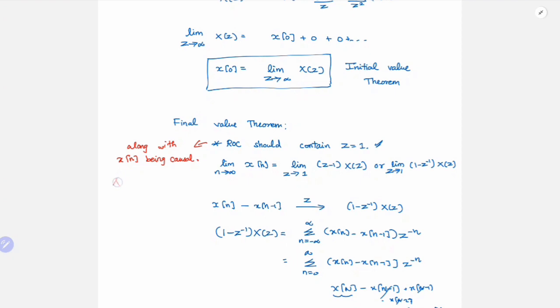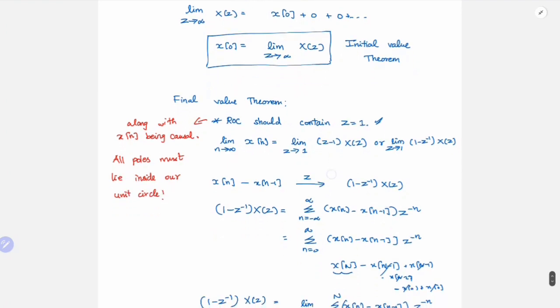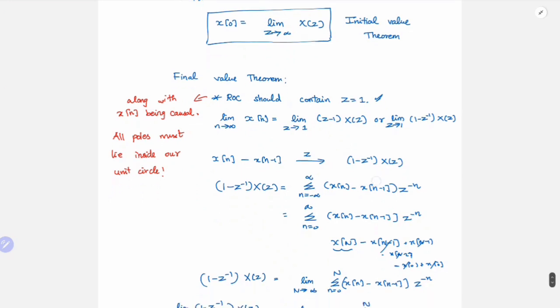Which means that all poles must lie inside our unit circle. So this is a requirement. Then only we'll be able to evaluate our x of z at z equal to 1.